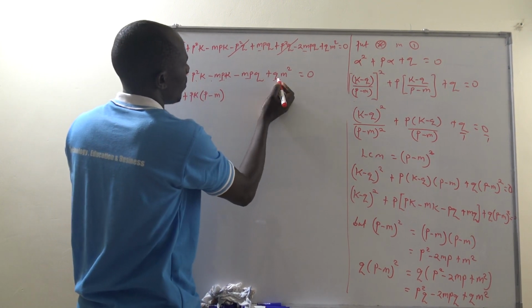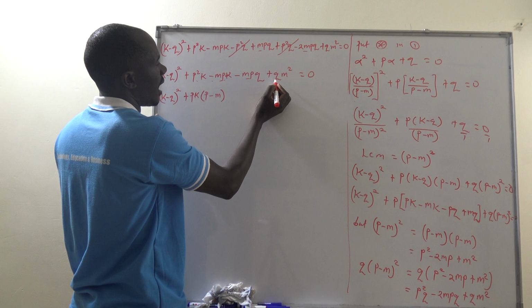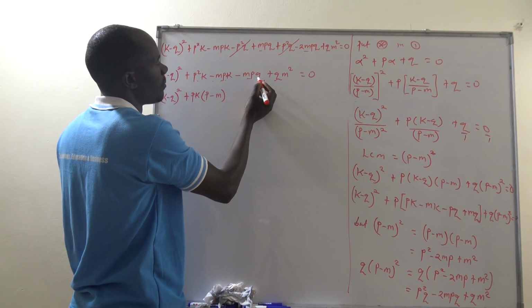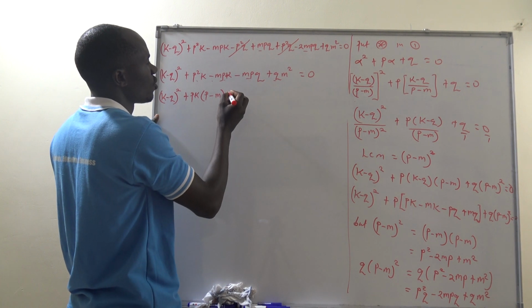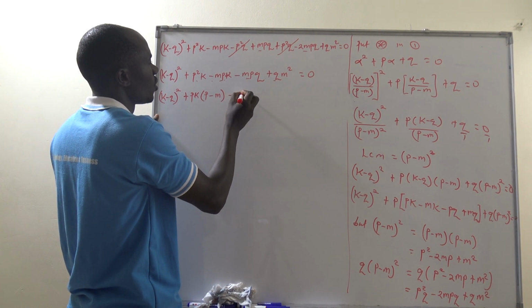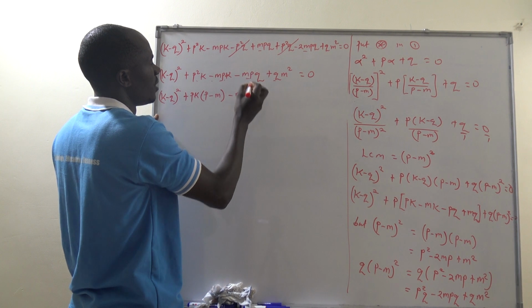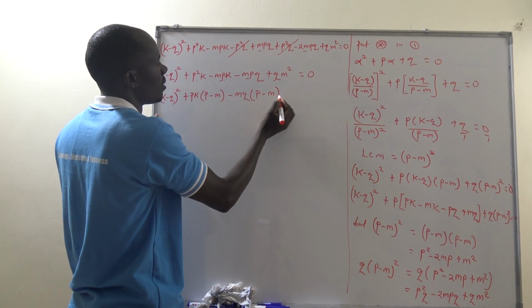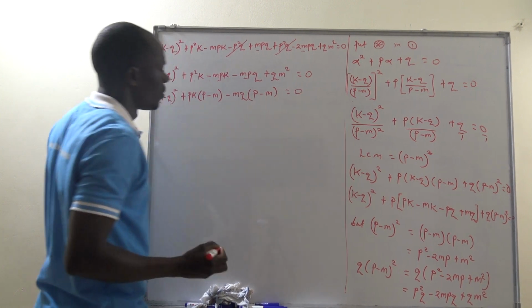Come here. What is common? What are you seeing here? I'm seeing an m, and again I'm seeing also m. I'm seeing a q, again a q. So what is common is a negative mq. So we remain with p minus m, because one m is already outside, equals a there.